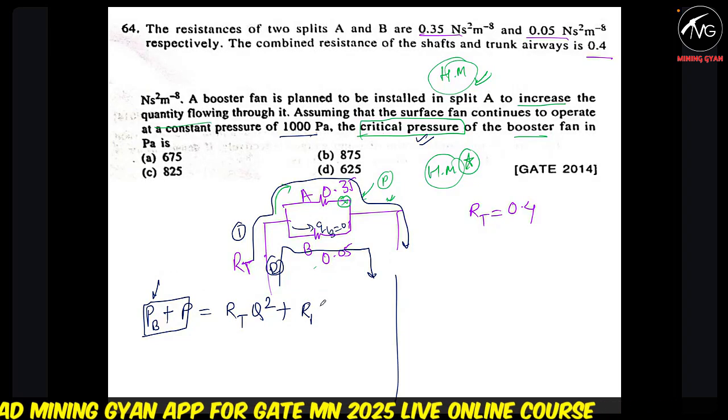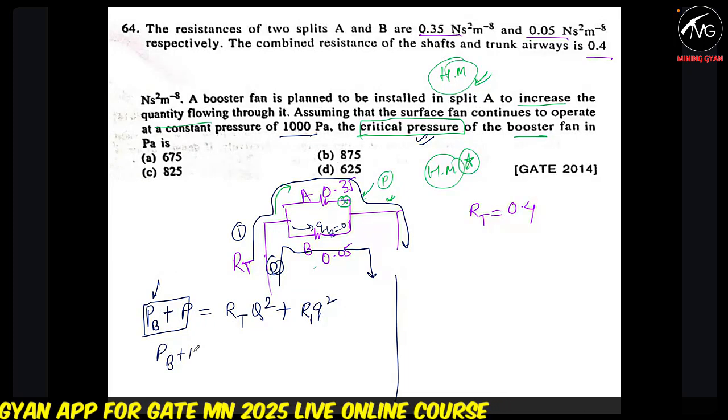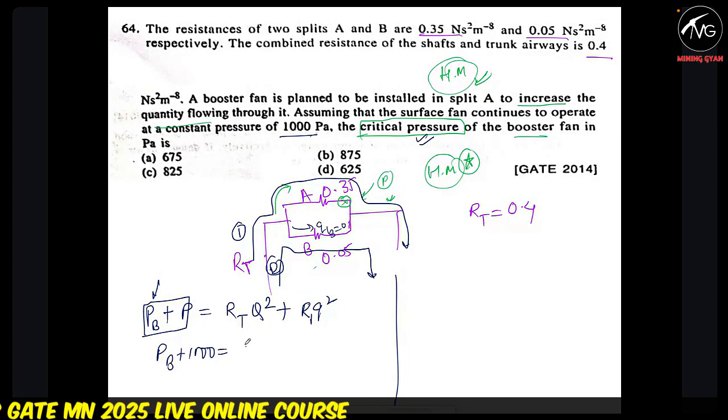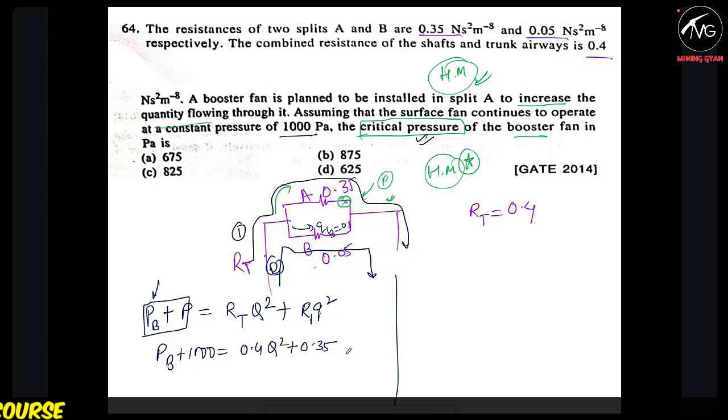If you put it, it will be PB plus 1000, RT is 0.4 Q square, R1 0.35 Q1 square.